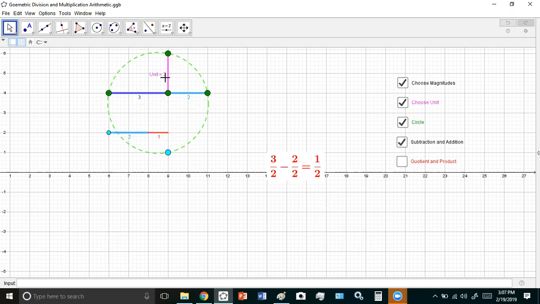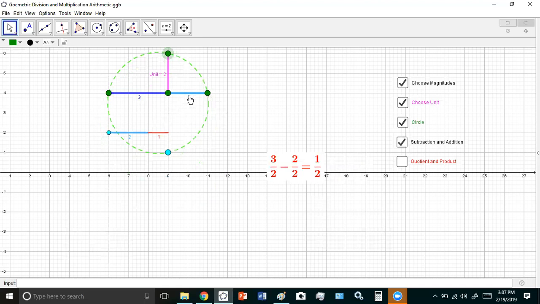And that is only so because the unit here is actually 2 units. If it were 1 unit, then the lengths of the lines are 3 and 2 respectively, okay? But it doesn't really matter what particular unit we choose. The result we get will be consistent.